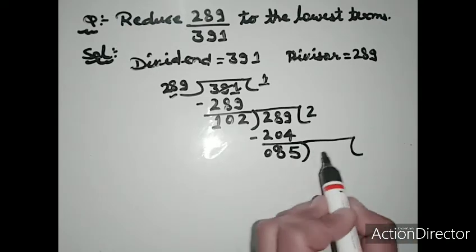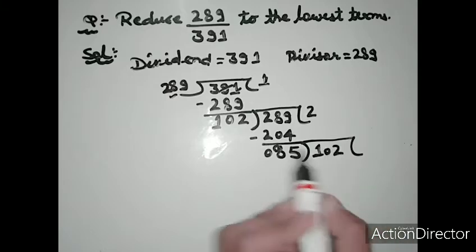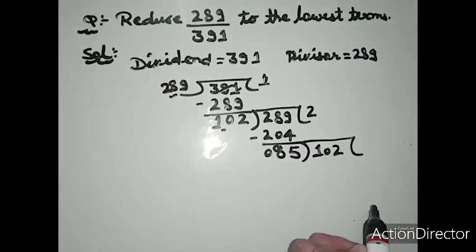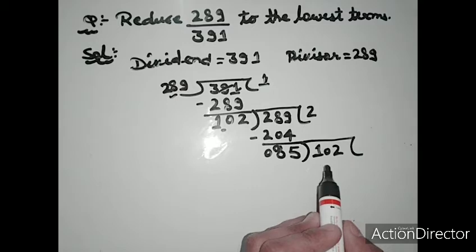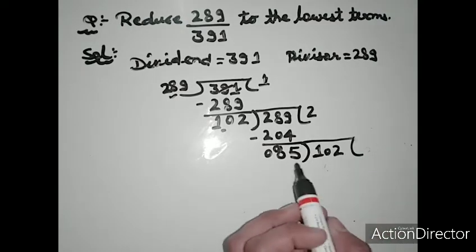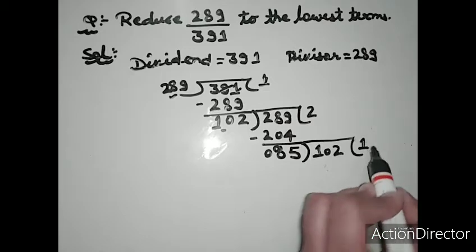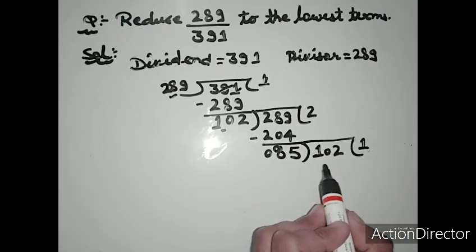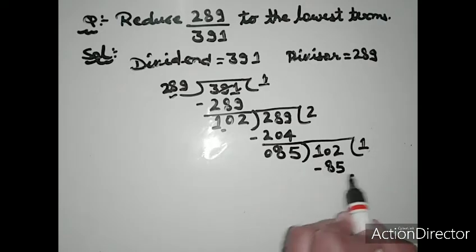Now here we take 102 as a dividend here. Now 85 divides 102, now here 102 divided by 85, one time. So here 85.